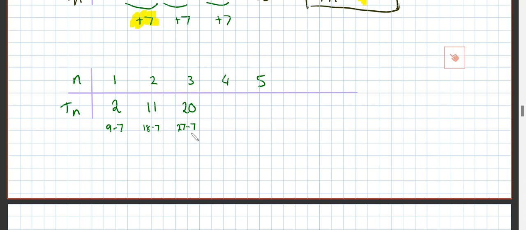So instead of working out using this, which is basically the general rule, I can now use the term to term rule and just say 29, 38, and so on, yeah?